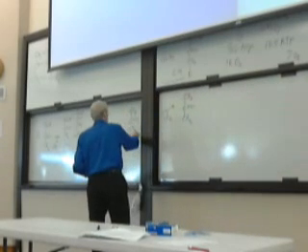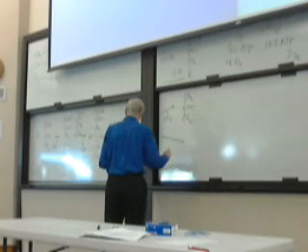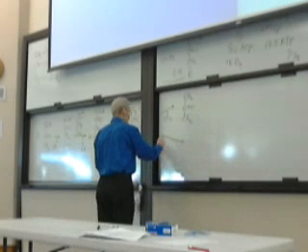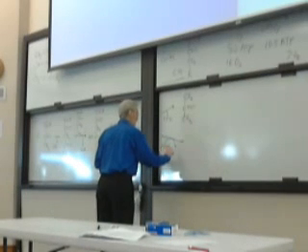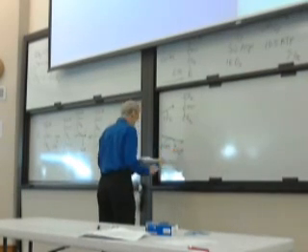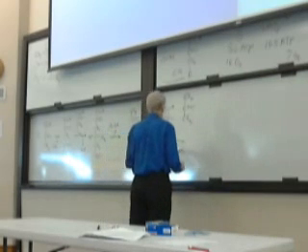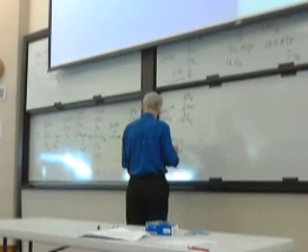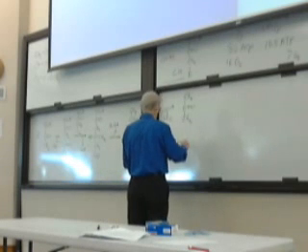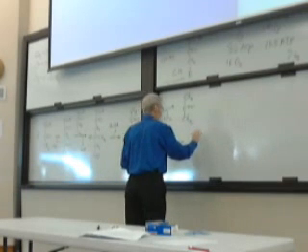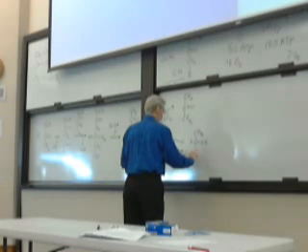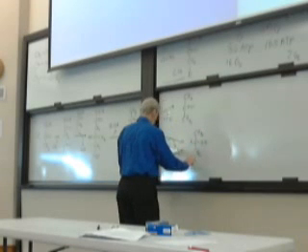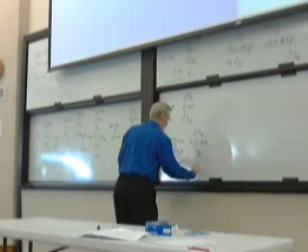The other possibility here is that we can reduce this molecule with another molecule of NADH, forming NAD+, and this is going to generate CH3, C, H, OH, and COO minus.